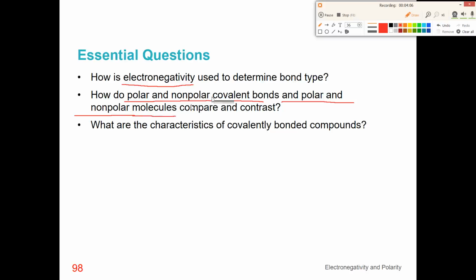There's a little bit of difference between these, which we'll talk about. And what are the characteristics of a covalently bonded compound? Basically, what's the percentage of covalent and what's the percentage of ionic for a covalently bonded compound? Something like that.